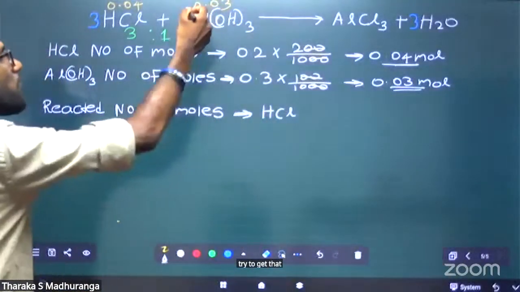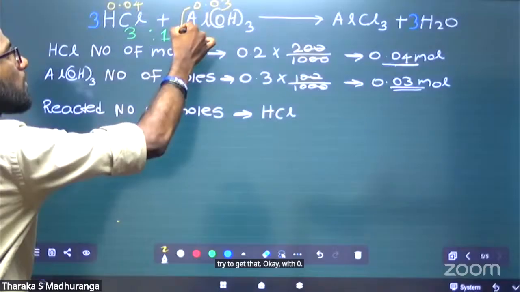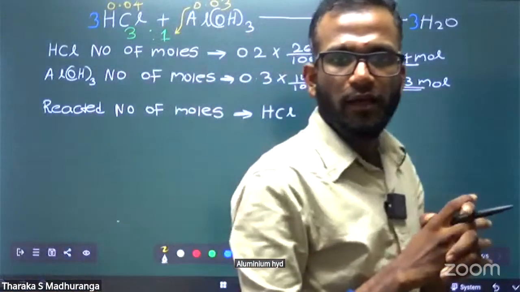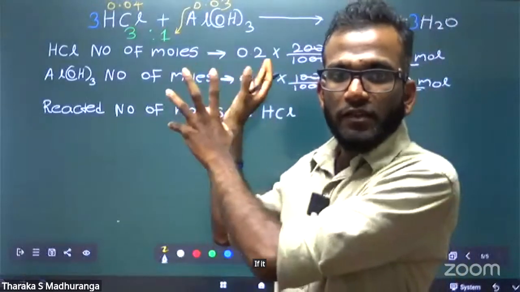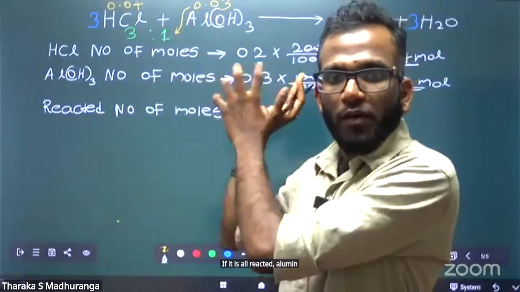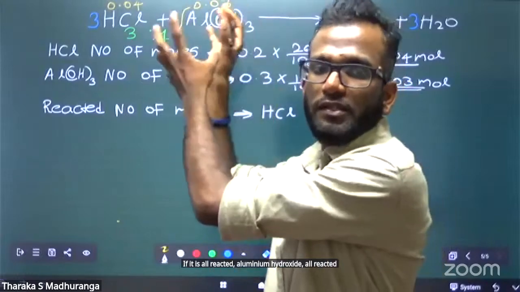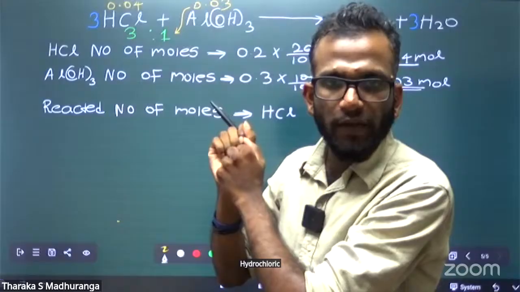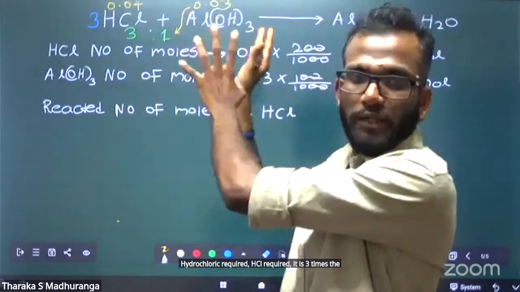Okay, with 0.03 aluminium hydroxide, if it is all reacted, how much hydrochloric acid is required? It is 3 times the moles of aluminium hydroxide.